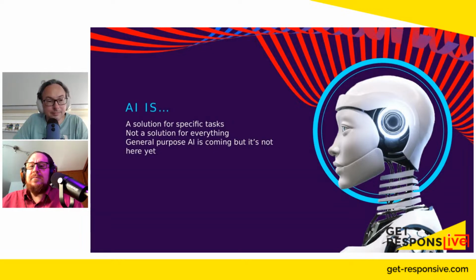What it actually means is that AI, in very simple terms, is a solution to solve specific tasks. When we talk about AI, especially when people throw words like AI and ChatGPT and OpenAI around, it's always in this context as if it's something kind of magical that can do everything and anything for anyone. But the truth is that AI cannot drive your kids to school. It cannot do building construction.